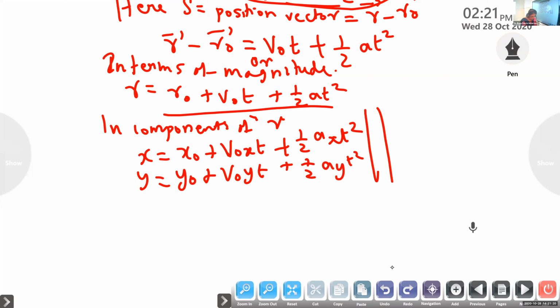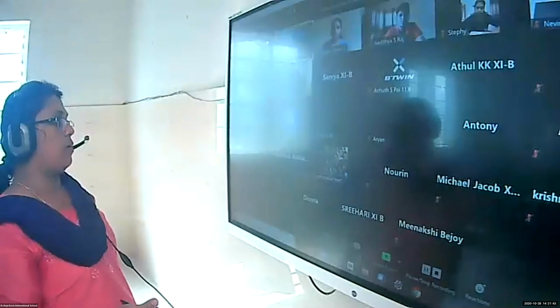In equations of motion, we have only these two equations. V squared minus u squared we can also do, but see the time. Any doubts so far, children?